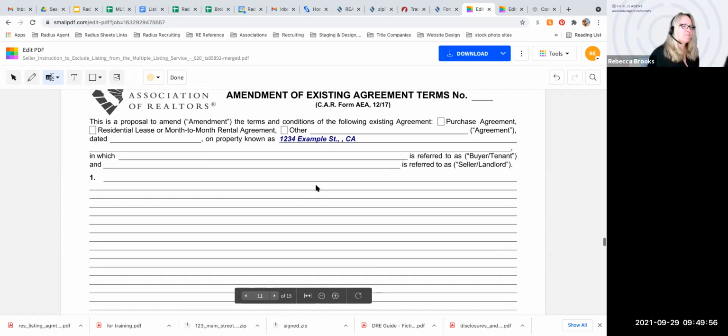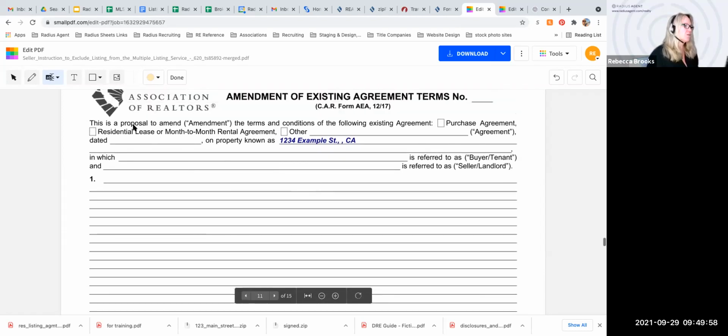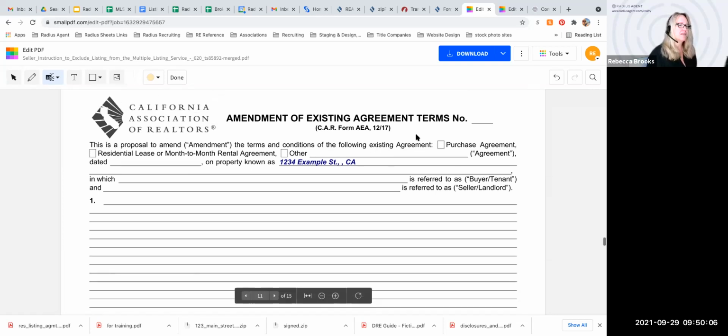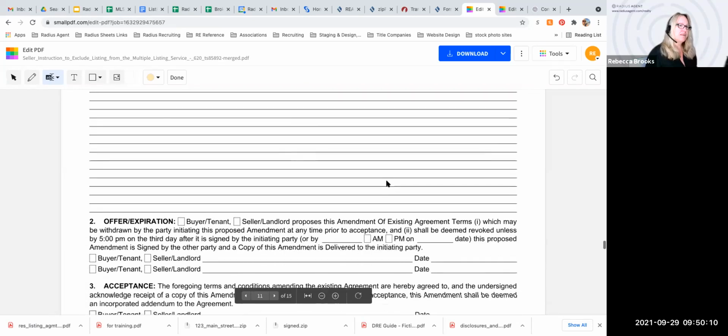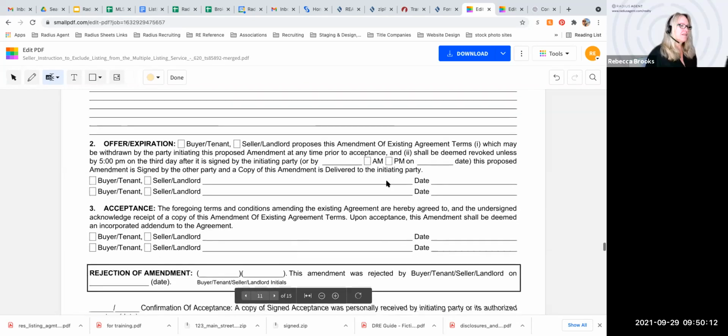Once again, this is where you would fill it out. This is a proposal to amend the terms and conditions of the following existing agreement. Just keep in mind, if you use an amendment, there's an expiration time frame to it.